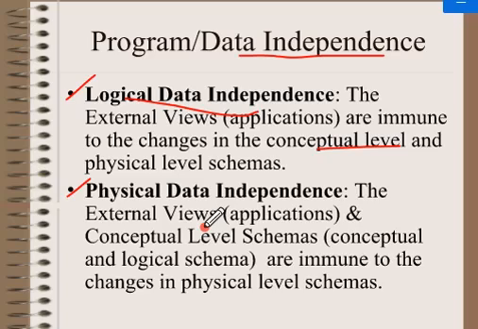Only my storage structure or access structure will change, making things easier to access. At that time I only have to bother about the physical level change. The conceptual level schema will not be changed, and obviously the external level schema will not be changed. This capacity we call physical data independence. So these are the two types: logical data independence and physical data independence.